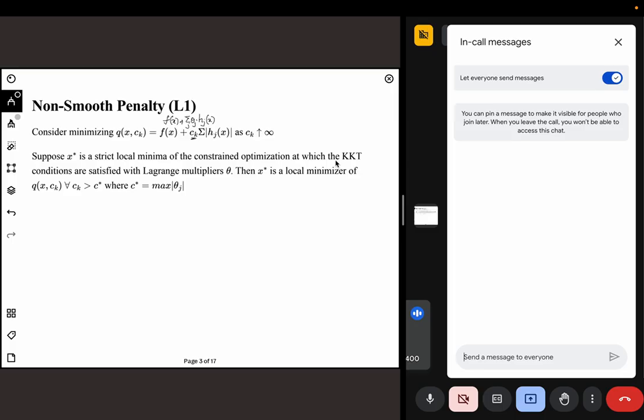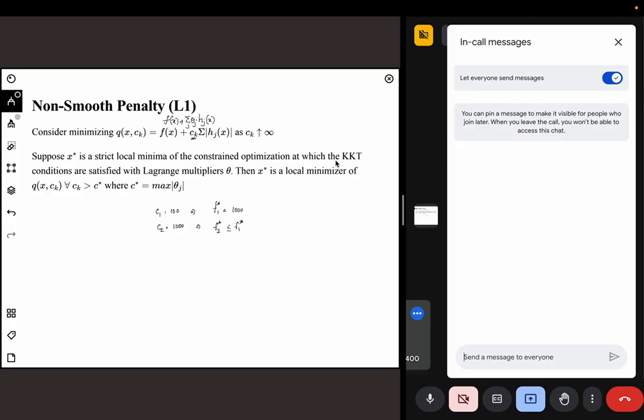Whenever we have a penalty function, for example, let's say c_k equals 100, it gave me an optimal value of f star, say around 1000 or something. If c_k equals 1000, then the optimal value I am going to get here, let's say this is c1 and this is c2, then f2 star is definitely going to be less than or equal to f1 star.